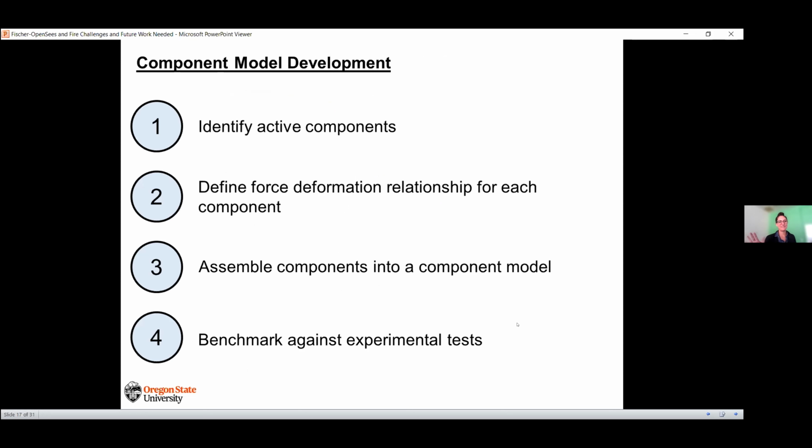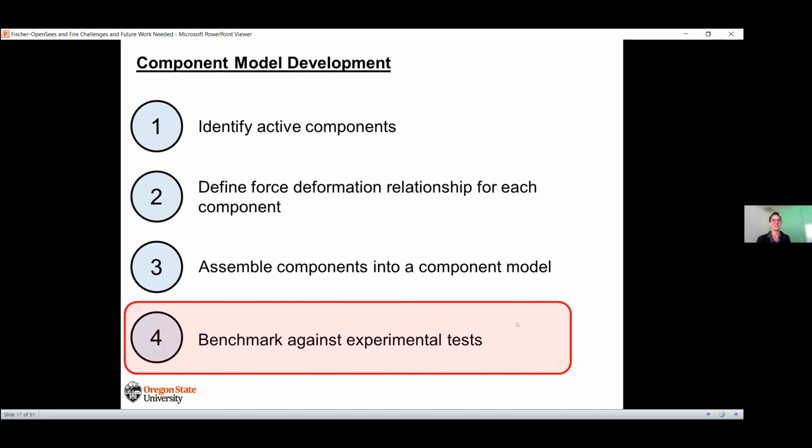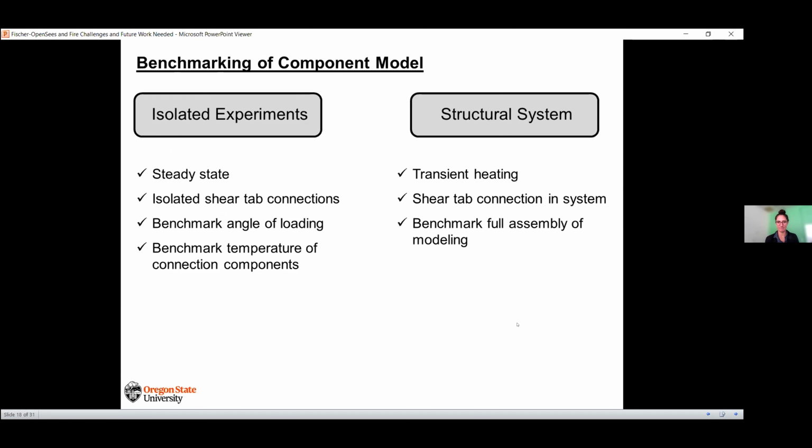Okay, so we've identified our active components, we've defined our force deformation relationships, we've assembled these all together, and now it is time to benchmark these against some experimental tests. There are both isolated experiments and the full-blown structural system. Isolated experiments have occurred at steady state. Researchers have heated specimens to a specific temperature and then loaded until failure.